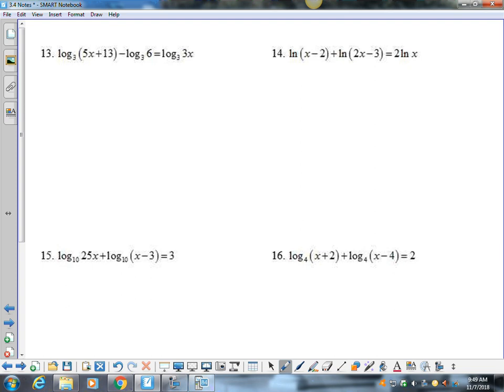Okay, I have log, log, log. Can I 3 it? No, no, no. I'm going to condense with division. So log base 3 of, yes, that's going to make both the logs go, right?